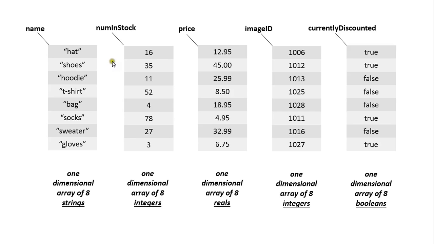obvious one is that if I wanted to carry out an operation on the data, so for example, if I wanted to order them, so like sort them into order, say I want to know which ones have the most in stock, so sort them on number in stock order, then the module to do that, I would have to pass over this array and this one and this one and this one, because I don't want to just sort the number in stock.